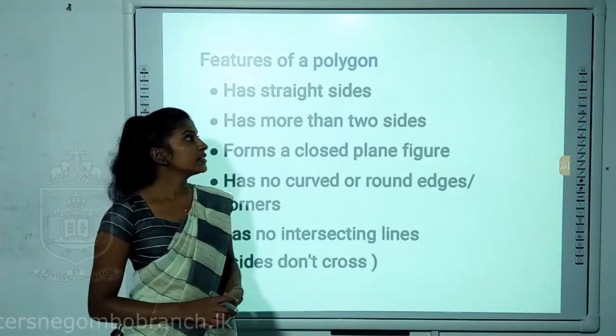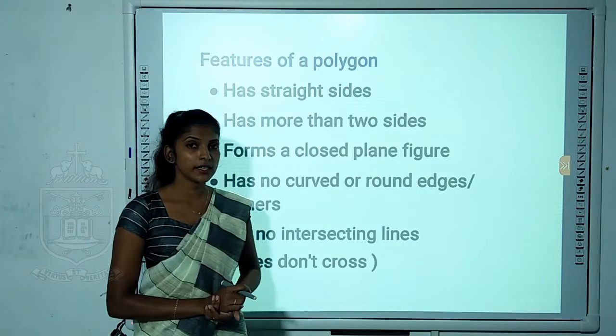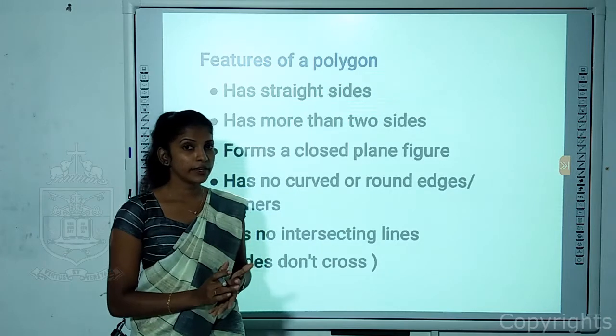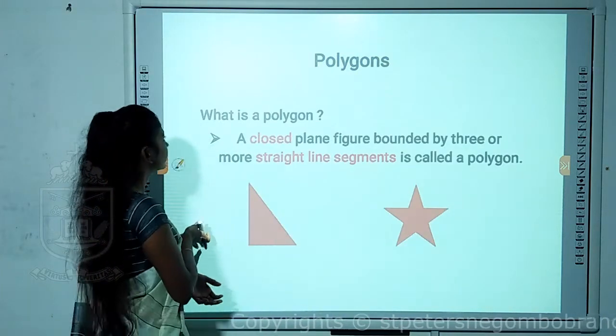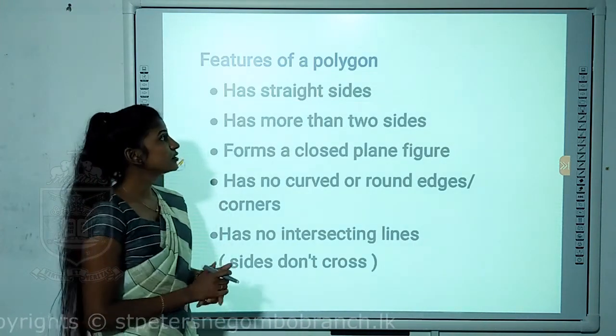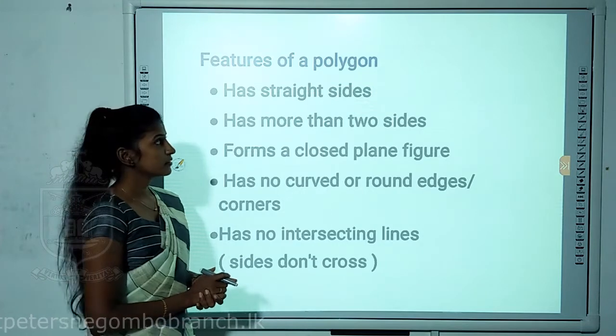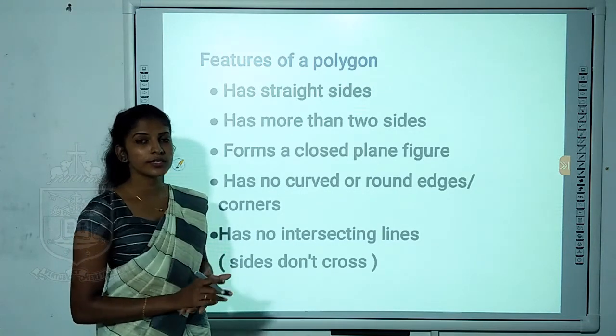Right. Let's see what the features of a polygon are. As we discussed in the previous part, for it to become a polygon, it should always be a closed figure. At the same time, it should have straight lines, no curved lines, and more than two sides.